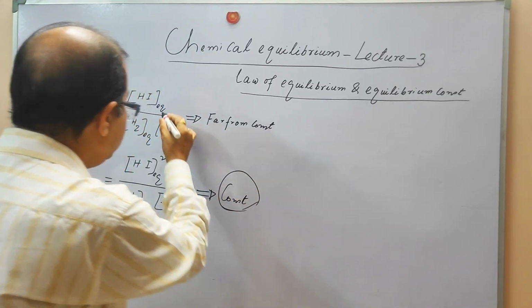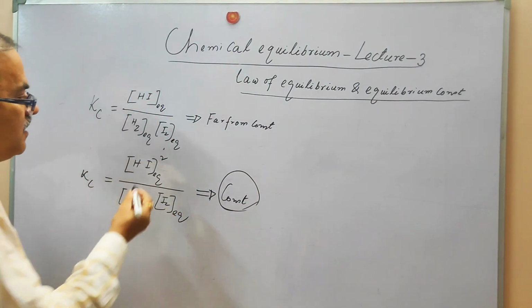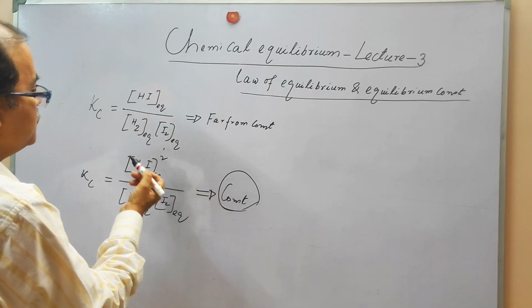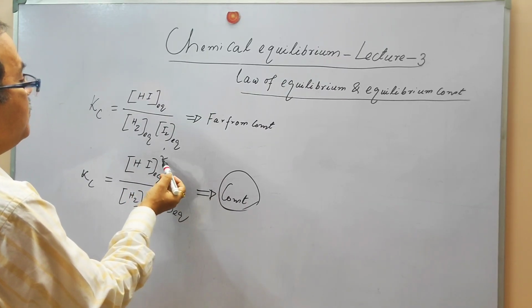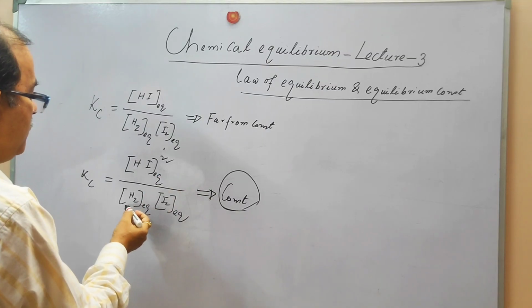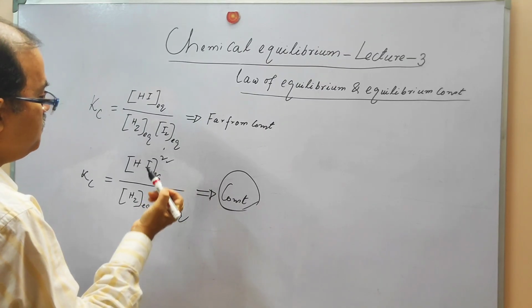So what is the difference between the two expressions? It is basically the power of the concentration terms. Here hydrogen iodide has the power 2. Here hydrogen has power 1 and iodine has power 1.